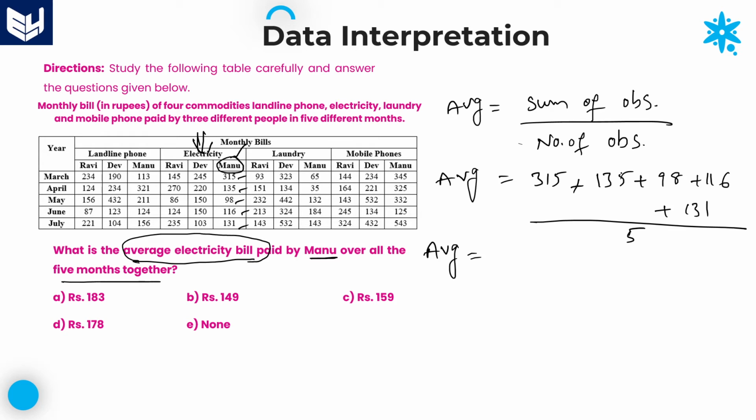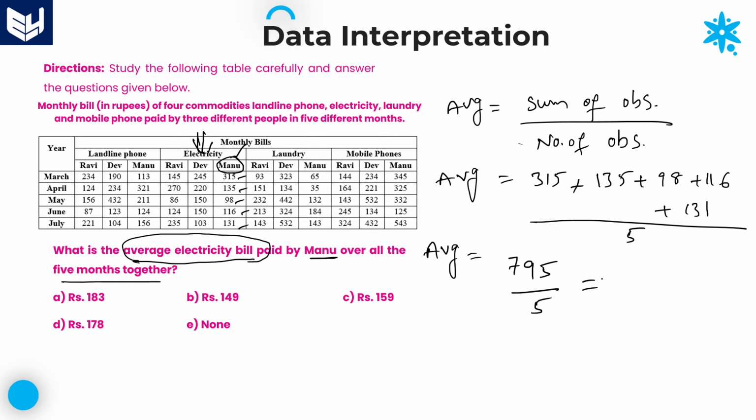5 plus 5, 10, 18, 19, 25. 2 is the carry forward. 2 plus 1, 3, 6. 6 plus 9, 15, 16, 16 plus 3, 19. 1 is carry forward. 3 plus 1, 4, 5, 6, 7. 795 divided by 5.